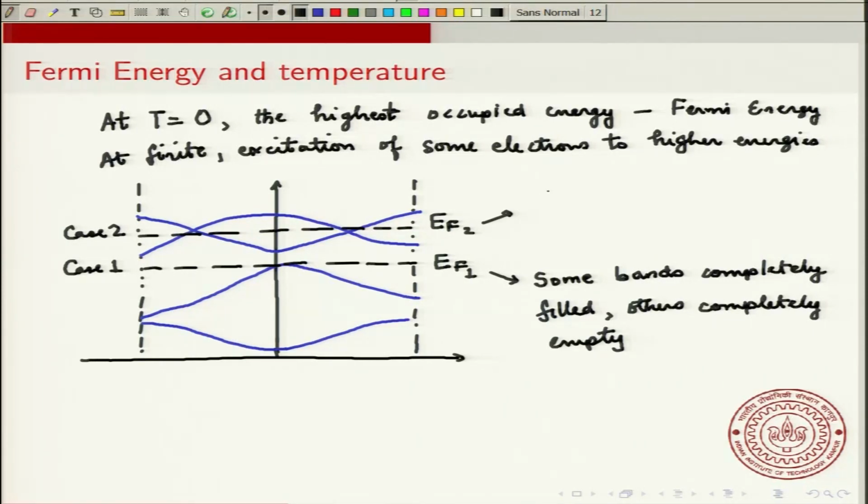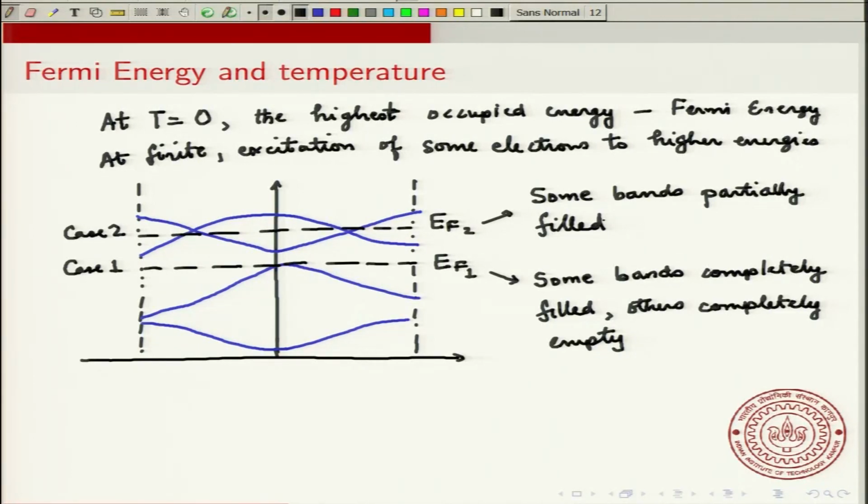In the other case, one or more bands can be partially filled. In this case I showed two bands that are partially filled. You could also have a case where only one band is partially filled. This information about how the Fermi energy is related to the band structure will turn out to be very crucial in describing the electronic properties of solids.